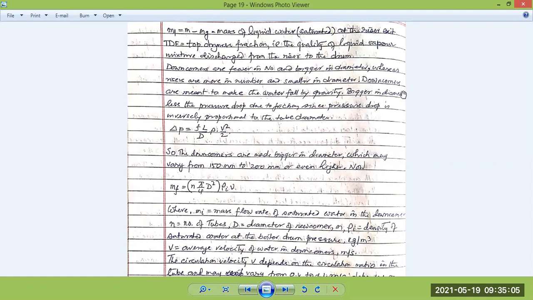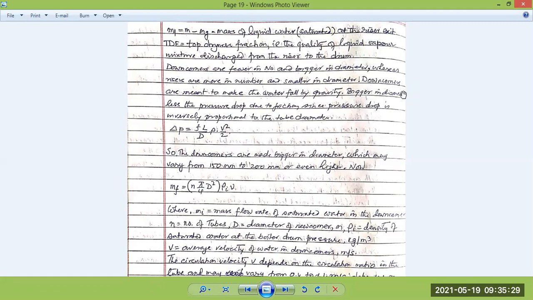Since pressure drop is inversely proportional to the tube diameter, the pressure drop delta P is f times L divided by D, times rho V squared by 2, where rho is the density, V is the velocity, f is the friction factor, L is the length of the tube, and D is the diameter of the tube.